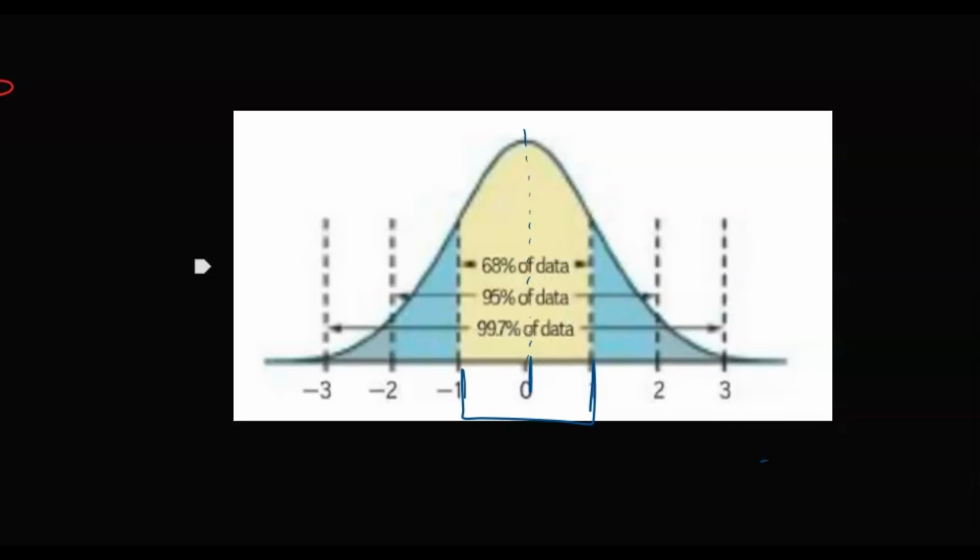Within one standard deviation, you're going to have 68% of your data. Like your total data, the number of values is going to be 68% accounted for within one standard deviation. And that's a very similar pattern for two standard deviations. Two standard deviations is going to be these two benchmarks, and that accounts for 95% of the data.